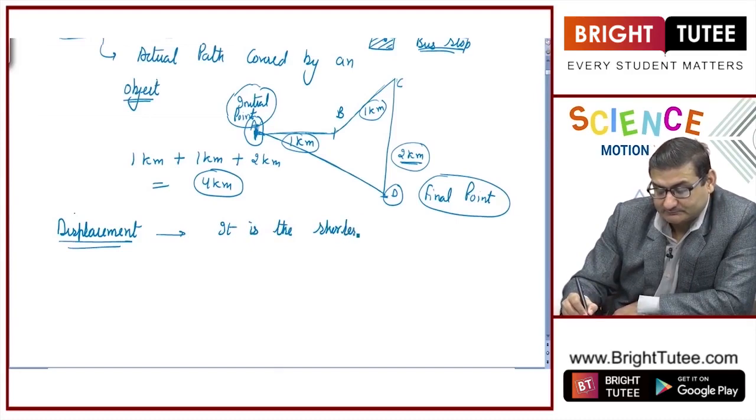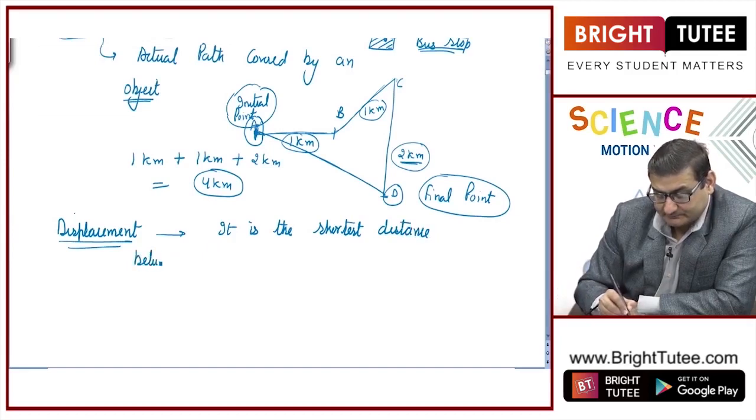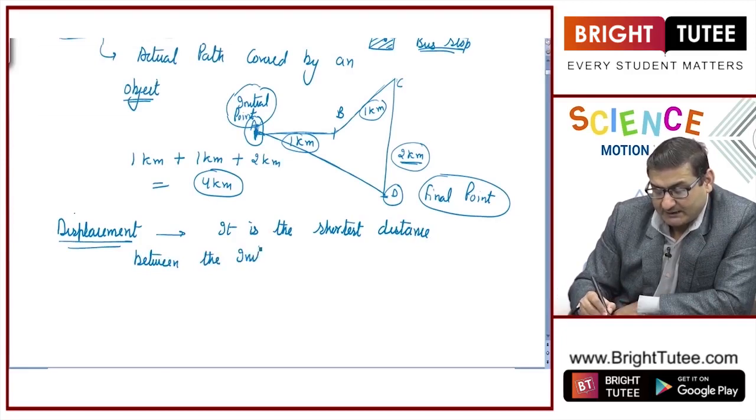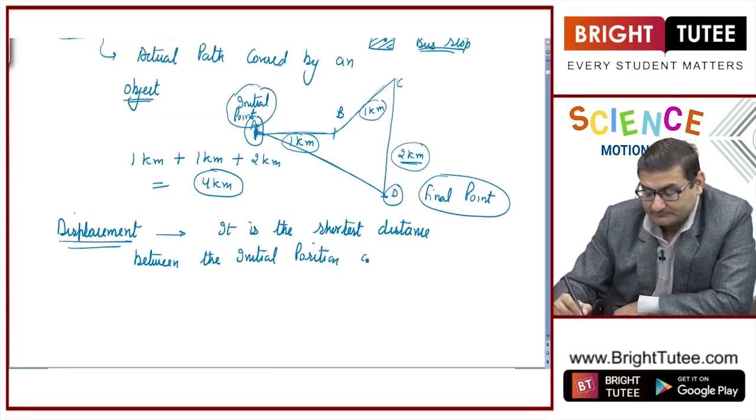So when we talk about displacement, we say that it is the shortest distance between the initial position and the final position of the object. The object may be anything or anyone.